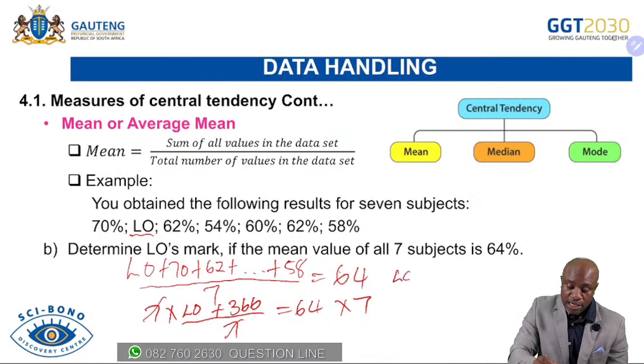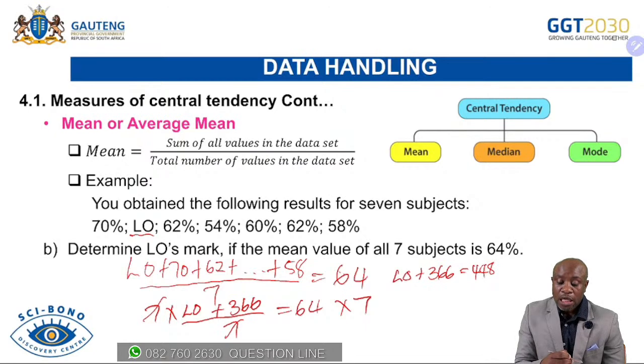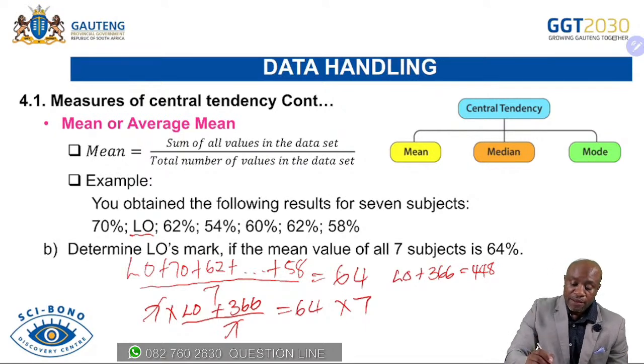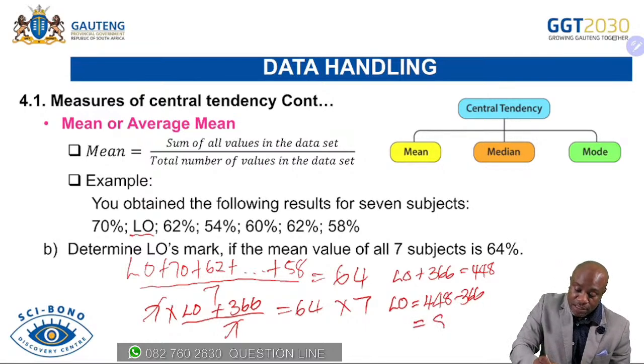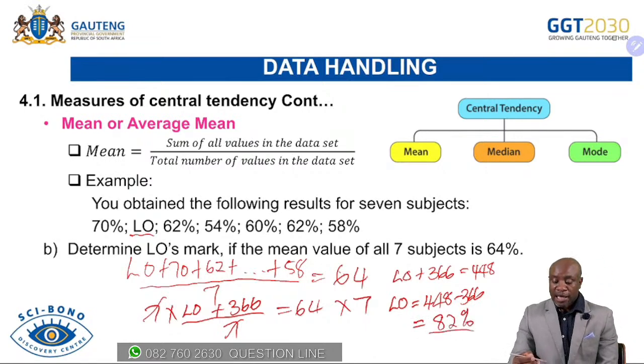So it's going to be LO plus the 366 equals 448. And then we are missing the LO mark, so we'll then reverse the addition and take the 366 to the other side. When we do that, we change the sign. So it's going to be minus 366. And the answer is 82. So the LO mark was 82%. So that's the missing value.